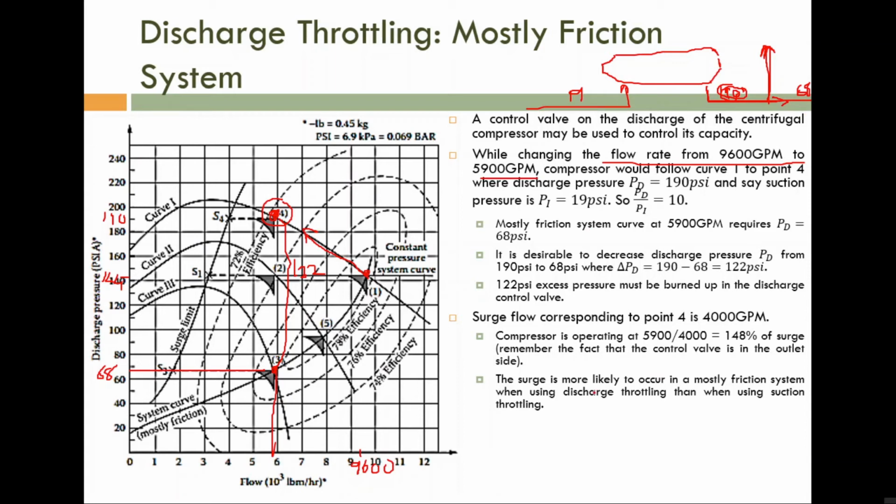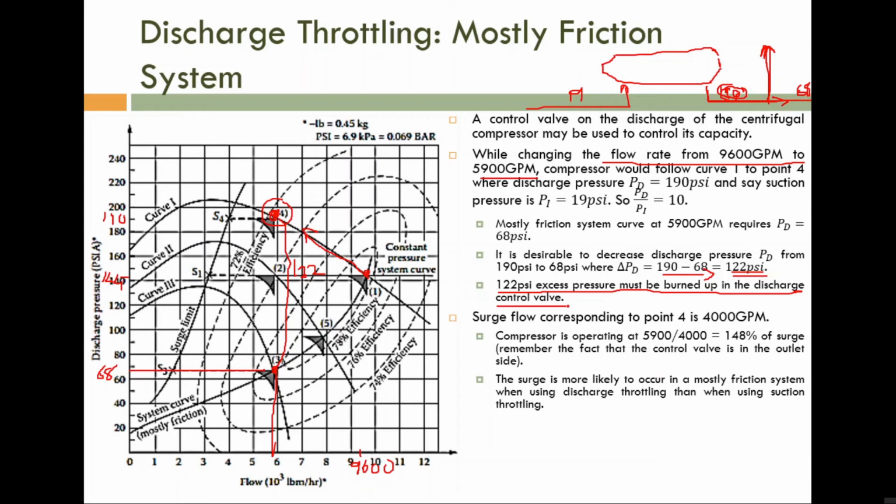Please note, in discharge throttling we place a control valve on the discharge side. By using that control valve, the discharge pressure of 190 psi is decreased to 68 psi. So what is the reduction of pressure? 122 psi, because 122 psi is the extra pressure, and it is burnt by the discharge control valve.